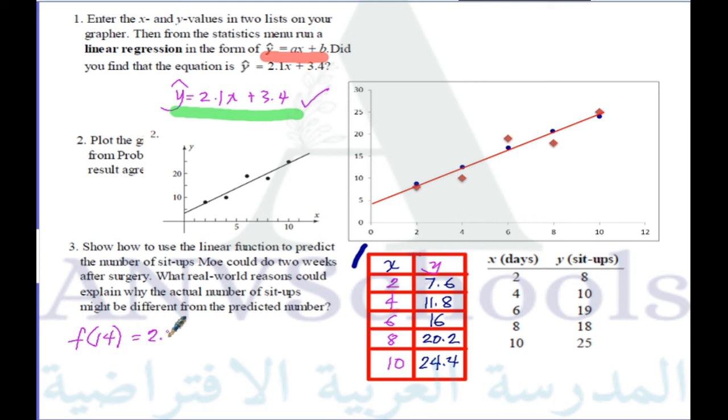That means we have 2.1 times 14 plus 3.4. And this will give us 2.1 times 14 is equal to 29.4 plus 3.4. This will give us 32.8, or approximately 33 sit-ups.